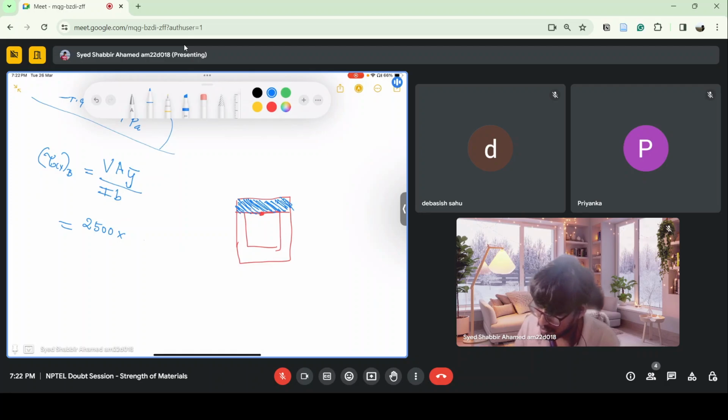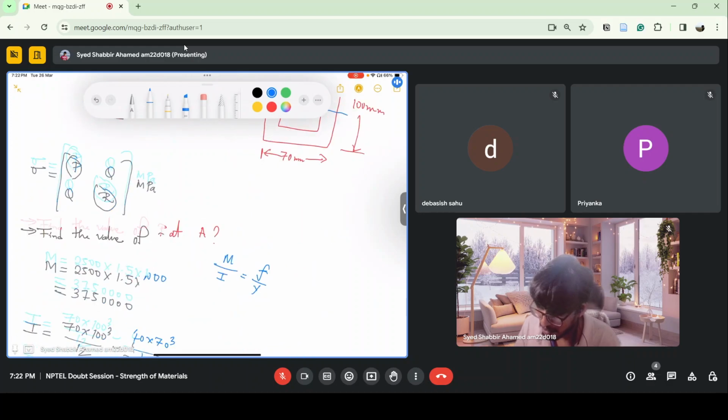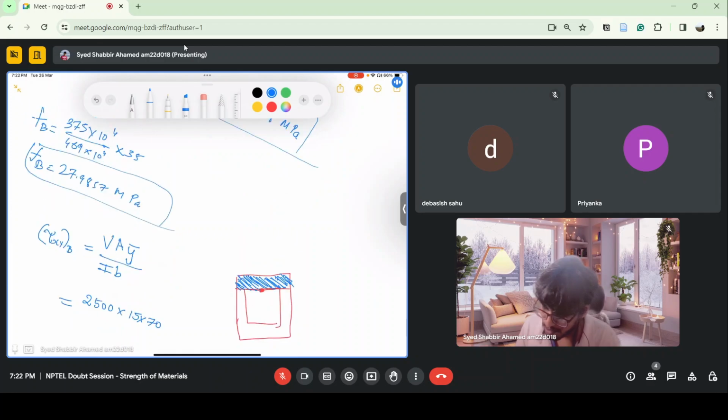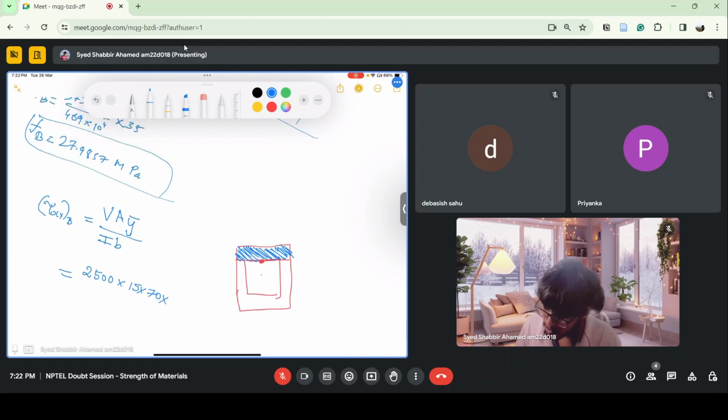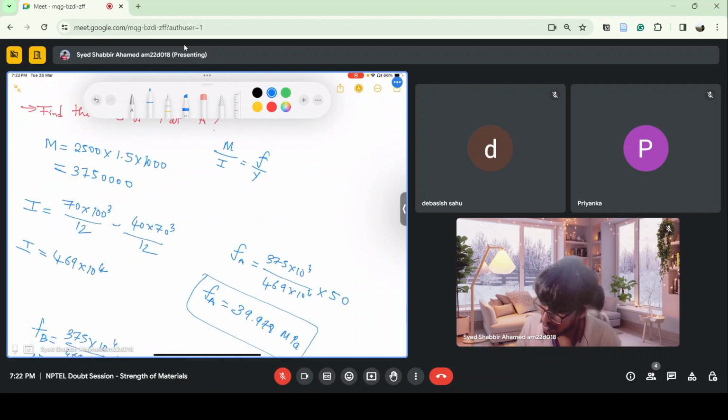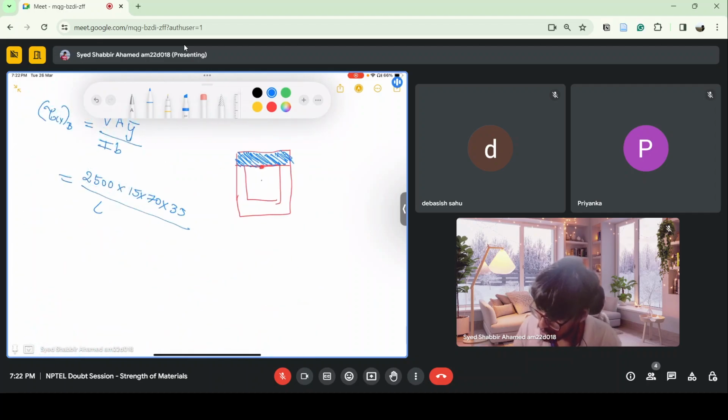And that area is 15 into 70. And y bar is nothing but the distance from the neutral axis to this point, which is again 35, divided by I. I we have calculated 6469 into 10 to the power of 4.